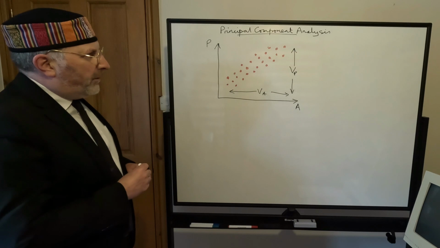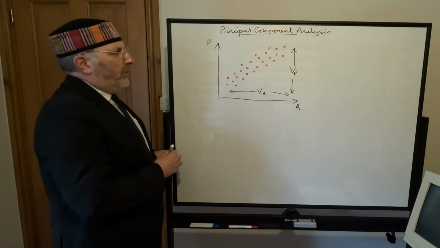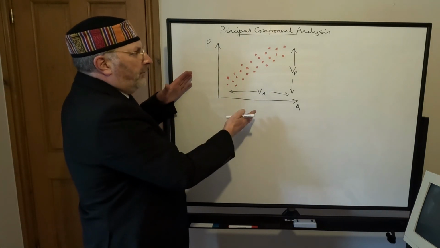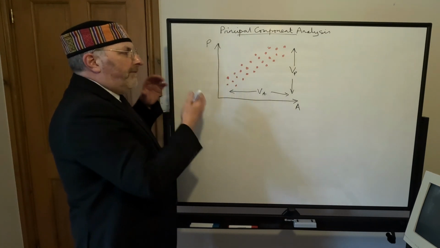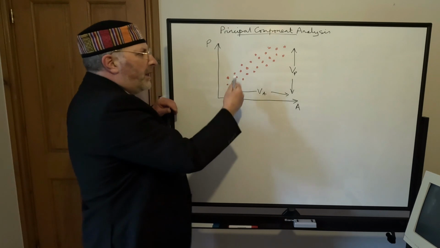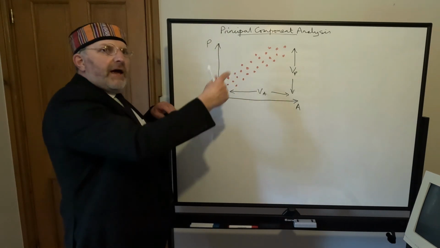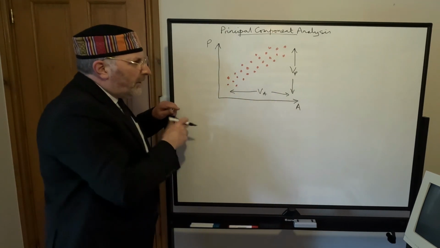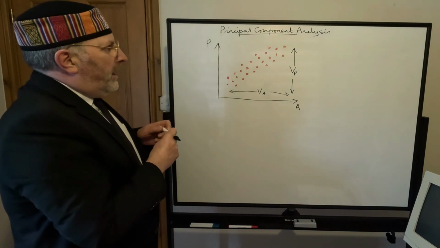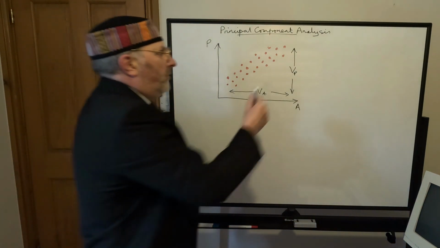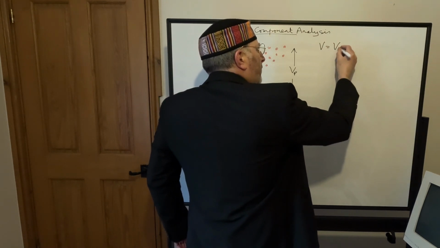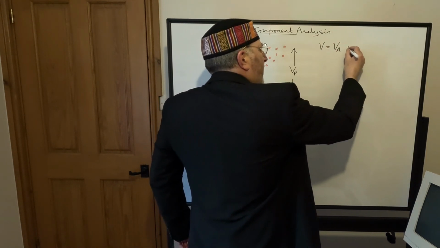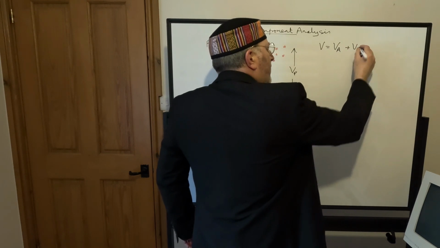And the idea of principal component analysis is that we choose our variables so that we find a first principal component that maximizes the variance. So in all cases, the total variance is going to be equal to the two variances added together.